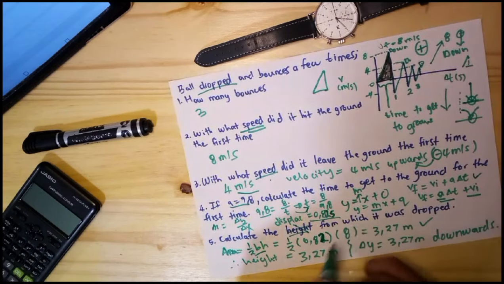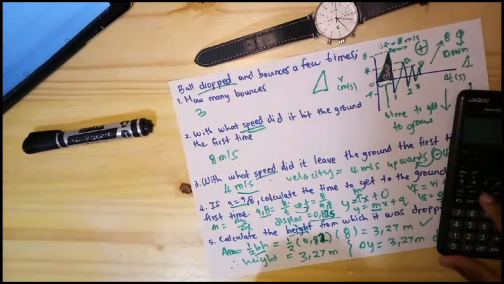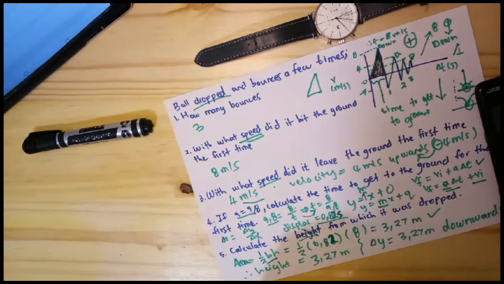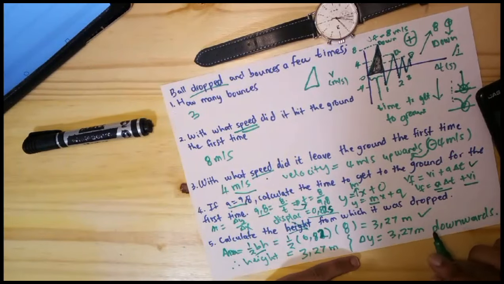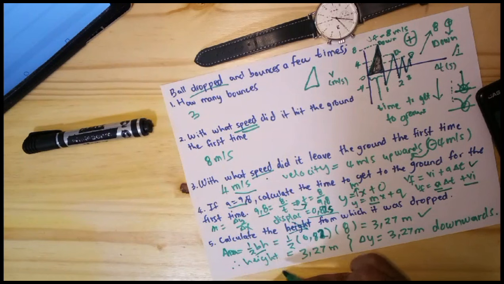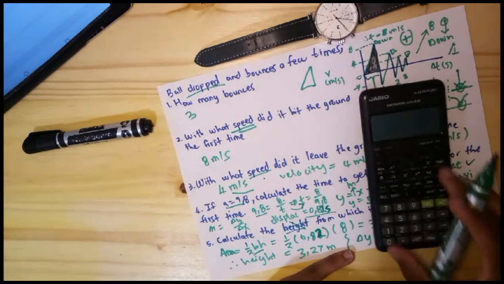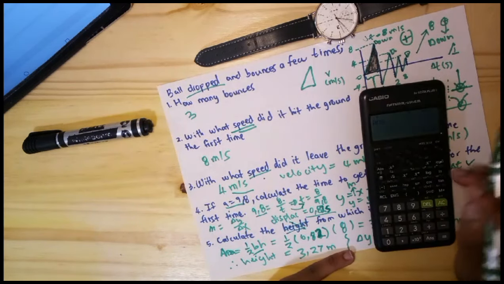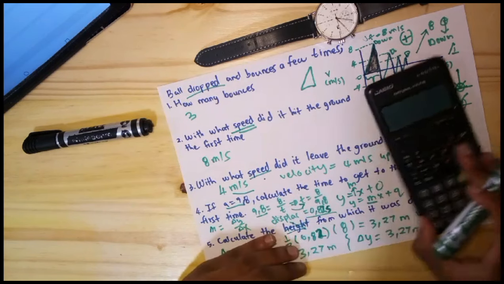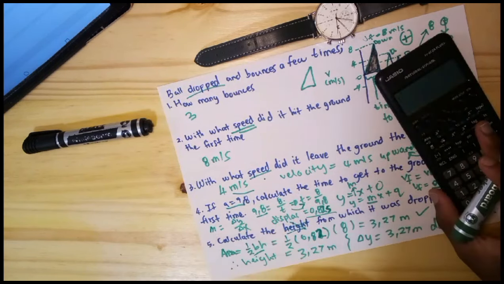Let me correct this: 0.5 multiplied by 0.82 multiplied by 8. Yeah, correct. You have 3.27, and the height is going to be 3.27 meters. If you just use 0.82, you're going to get 0.28, but I used the entire answer that I had gotten from the previous one.